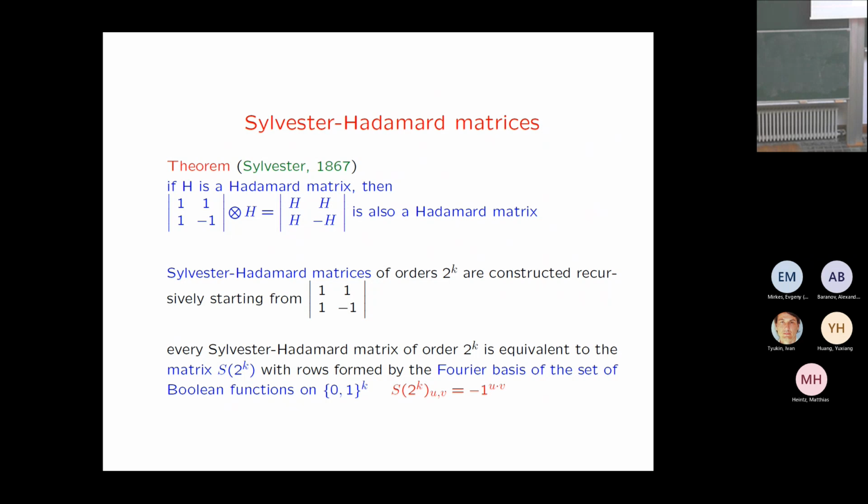And again, this is a very important concept, because basically the rows of such Sylvester-Hadamard matrices form a Fourier basis of such a Boolean function. So as you see, these are concepts that have many other uses in mathematics.